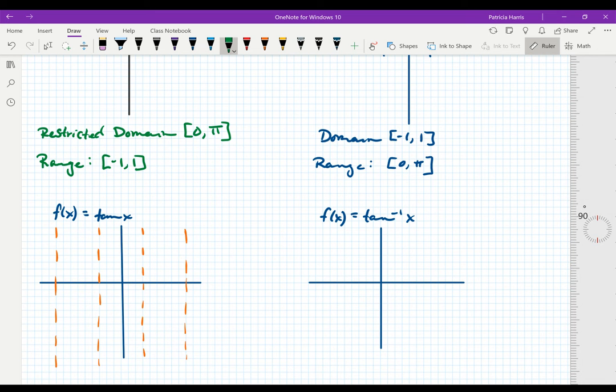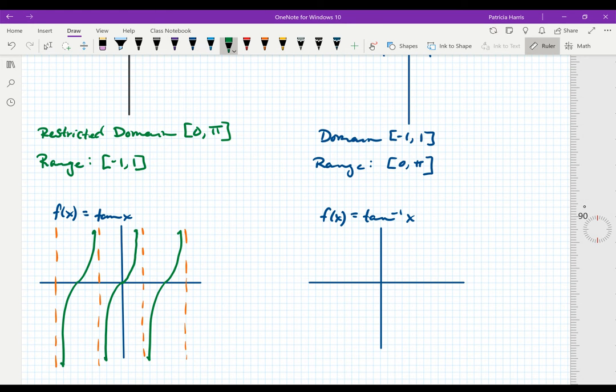So here's our tangent graph. It makes sense to just take the middle tangent curve.